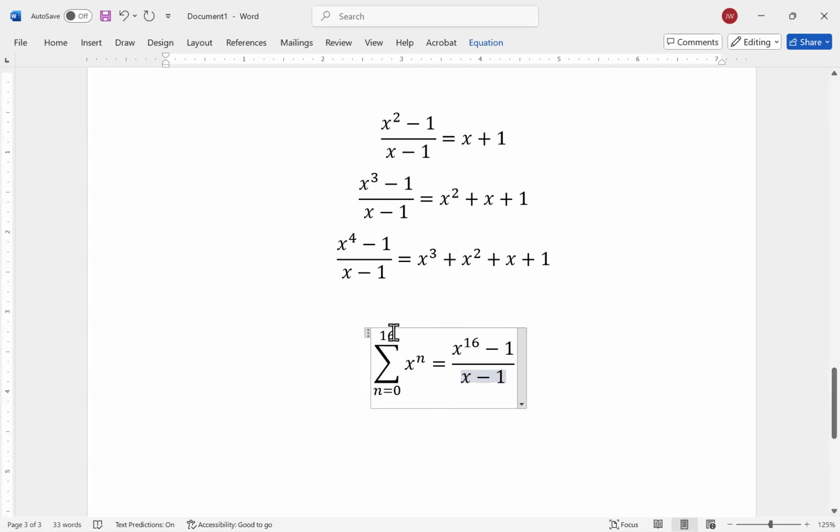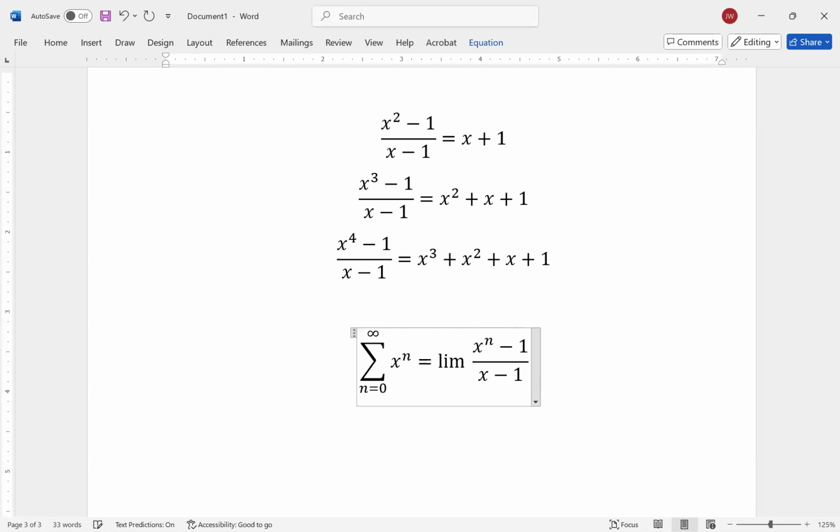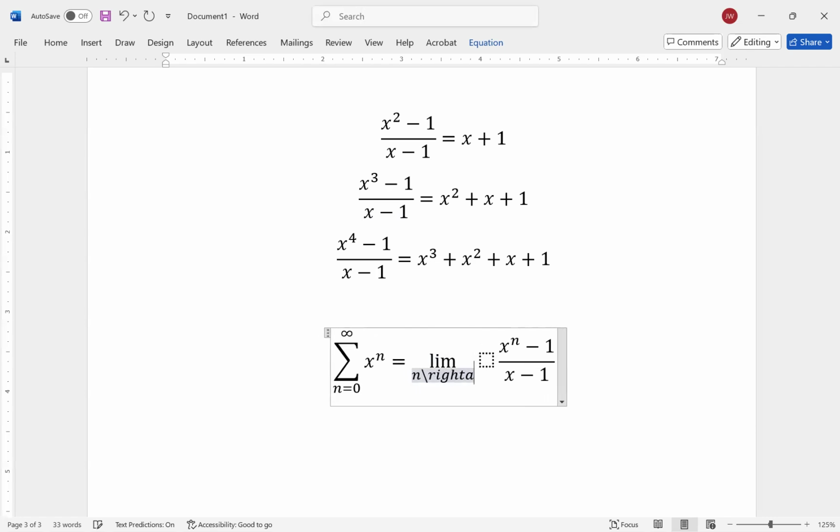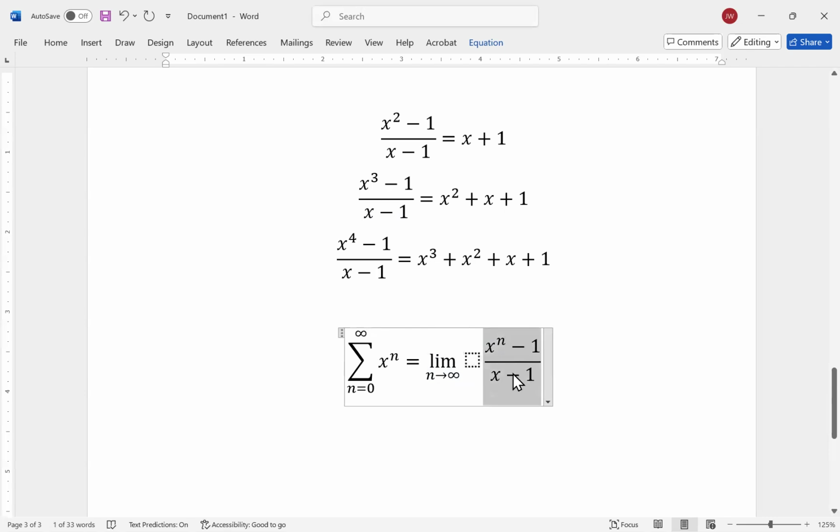What's going to happen when I do a limit as n goes to infinity? Well, I'm going to get x to the nth minus 1 times the limit as n goes to infinity of this expression here.